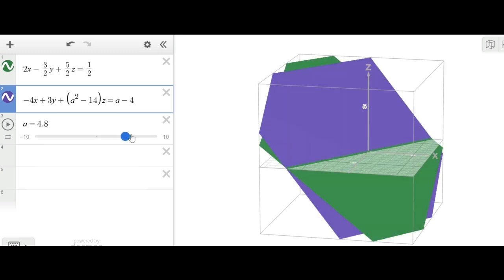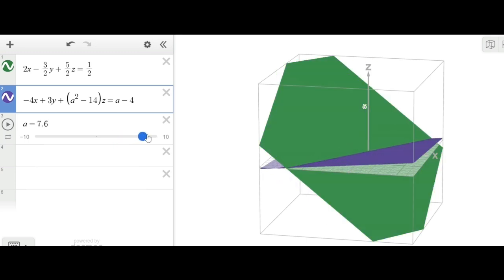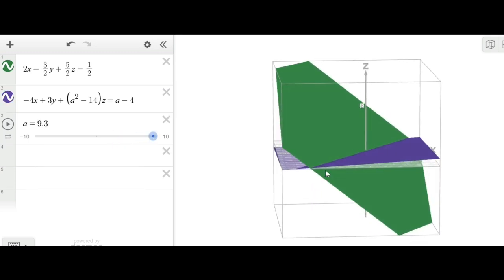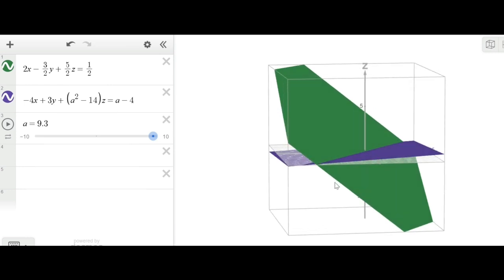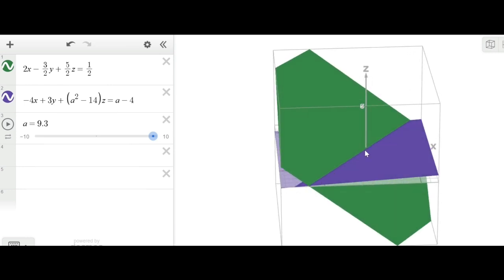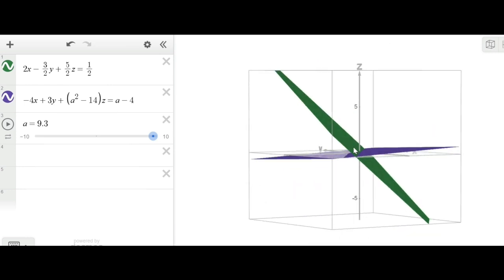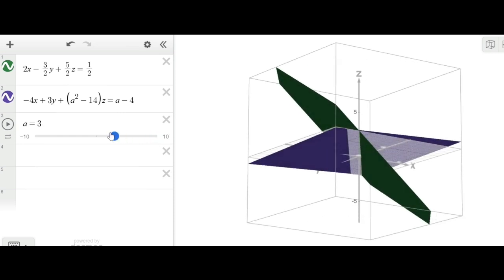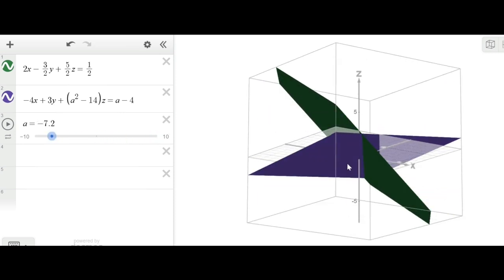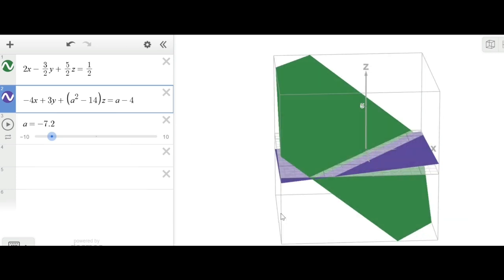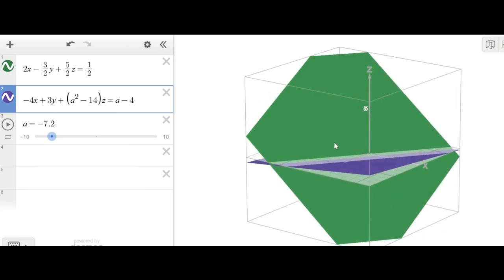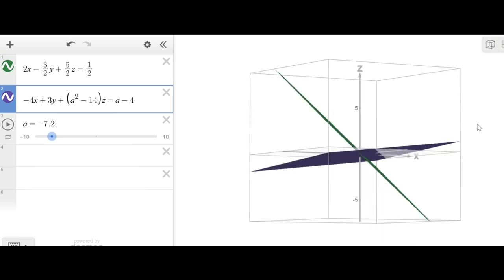And as you can see, no matter what value of a, any value whatsoever, they will always intersect in a line, and this line goes on infinitely. Alright, so you can go figure this out for yourself. It's just like Desmos 3D. So, yep, that's all.